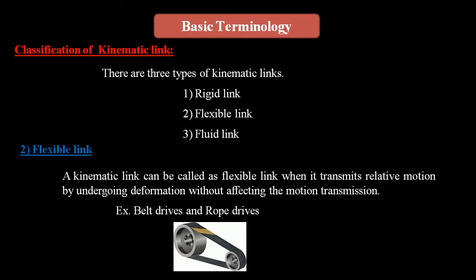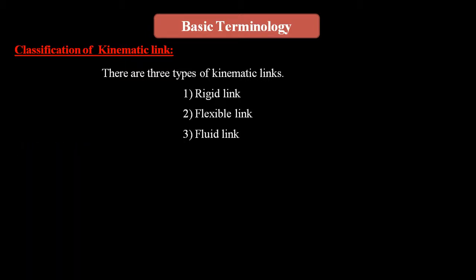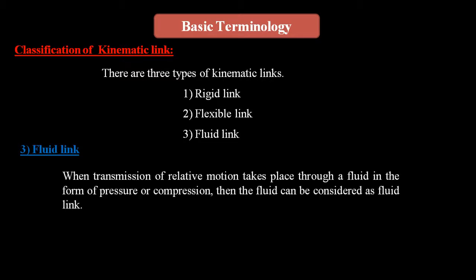Next we go for the fluid link. Here the fluid can be called a kinematic link, and you can understand this by going through the definition. The definition is: when transmission of relative motion takes place through a fluid, listen carefully, the relative motion transmission is taking place through a fluid in the form of pressure or compression, then the fluid can be considered a fluid link.